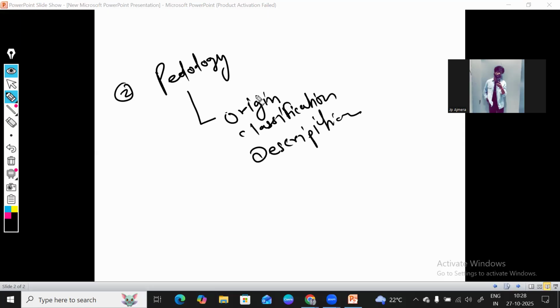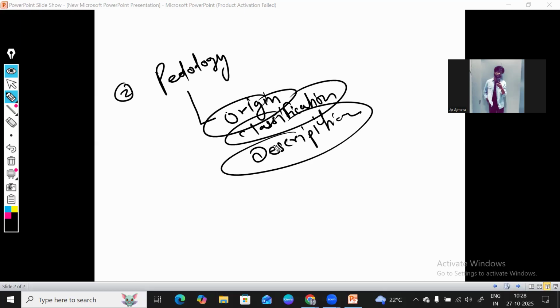The most important is the origin of the soil formation. So the study of origin, classification, and description of soil is known as pedology. When we talk about the relation to the plant, that was edaphology. When we talk about origin, description, and classification, that is pedology.